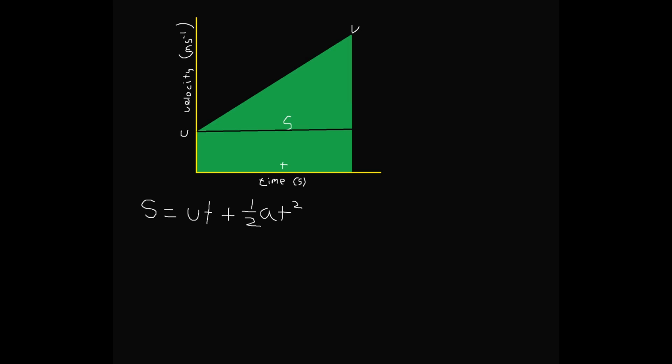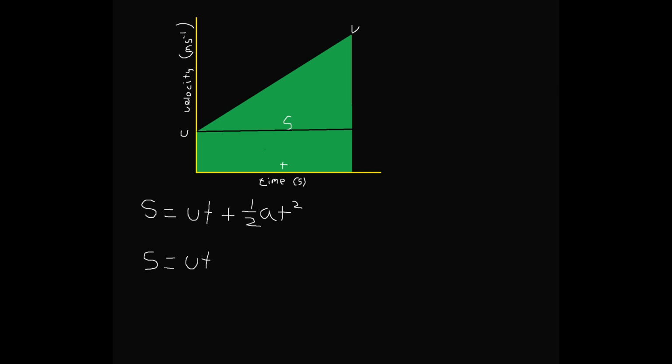Now, for our next derivation, we're going to actually need to split this trapezium-like shape into a triangle and a rectangle. And as you know, since we're trying to work out s, we are of course looking for the area under the graph once again. First of all, we know that this height is equal to u, and then this length here is equal to t. So you can quite easily state that this area underneath here is going to be equal to ut.